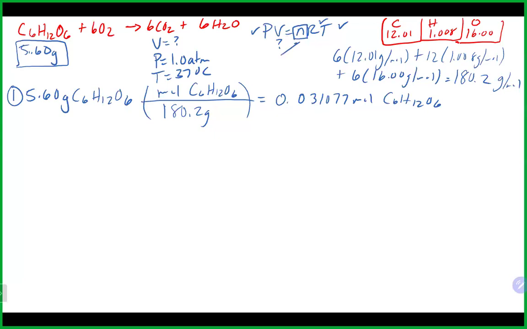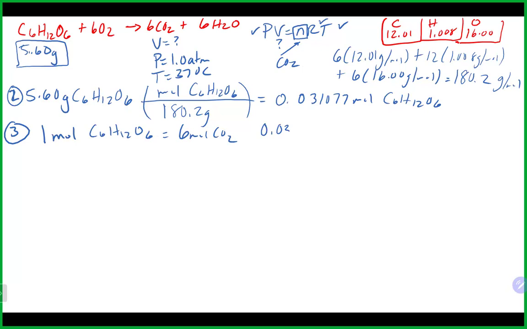Remember that we're actually looking for moles of CO2 so that we can use the ideal gas law. So basically, actually, this is step number 2. We're going to do our step number 3, which is our stoichiometry. From the equation, 1 mole of C6H12O6 gives us 6 moles of CO2. So that's what we will use.